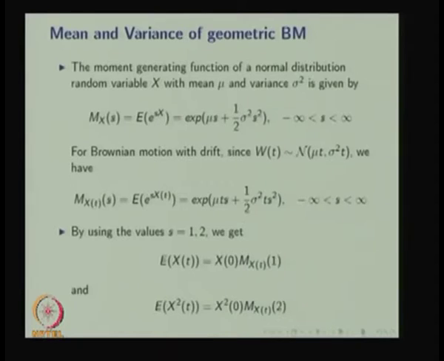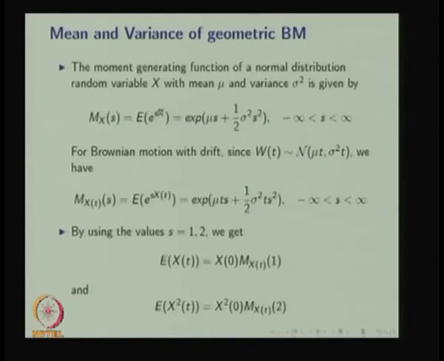We are going to find out the first and second order moment of geometric Brownian motion. We can use the moment generating function concept. Here, the moment generating function of a normally distributed random variable x with the mean mu and the variance sigma square is m x of s, a function of s, that is nothing but the expectation of e power s times x.